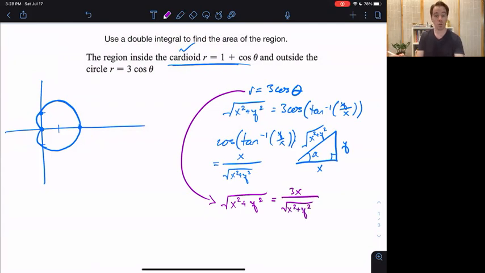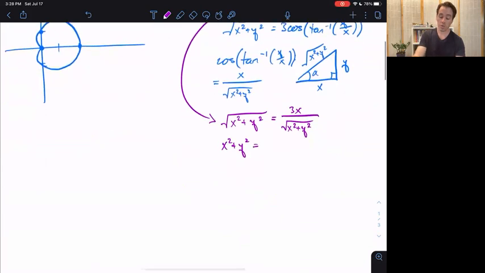Multiply on both sides by square root of x squared plus y squared, and you get x squared plus y squared, no longer in the square root, equals 3x. Move the 3x to the other side. x squared minus 3x plus y squared equals 0.